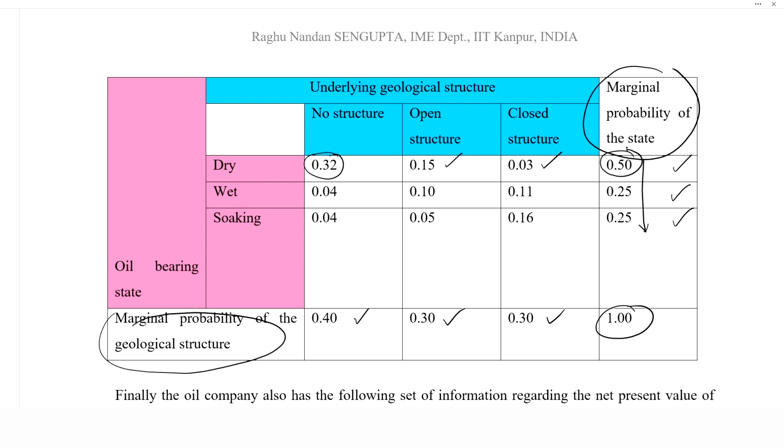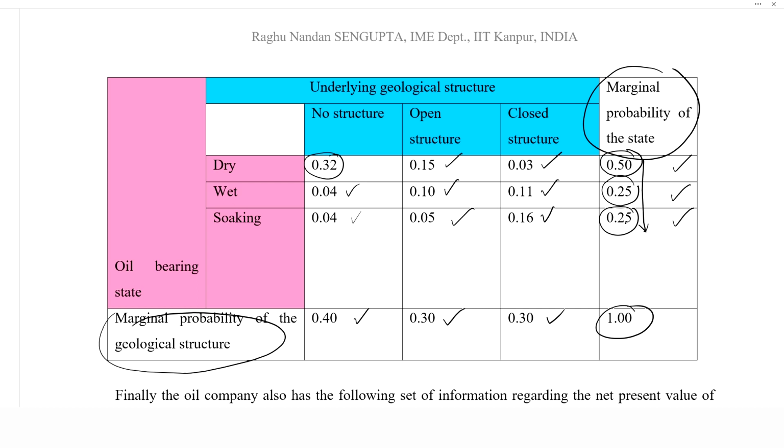Similarly, for the row wet, the probabilities for no structure, open structure, closed structure are 0.04, 0.10, 0.11 and the total sum is 0.25. For the last row, soaking, the values are 0.04, 0.05, 0.16, and the total sum is 0.25.